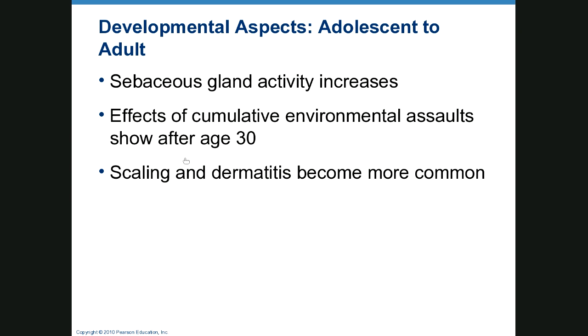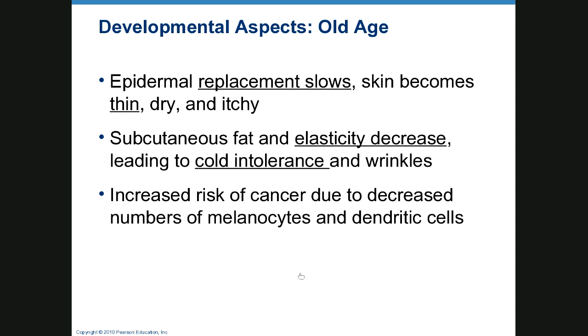Scaling and dermatitis can become more common in your seniors, very old. Epidermal replacement slows, skin becomes thick, dry, itchy, with less elasticity. They have cold intolerance, and I think you all know, the room's 95 and grandma wants it turned up. They also are at increased risk for skin cancer because they don't have as many melanocytes and dendritic cells.